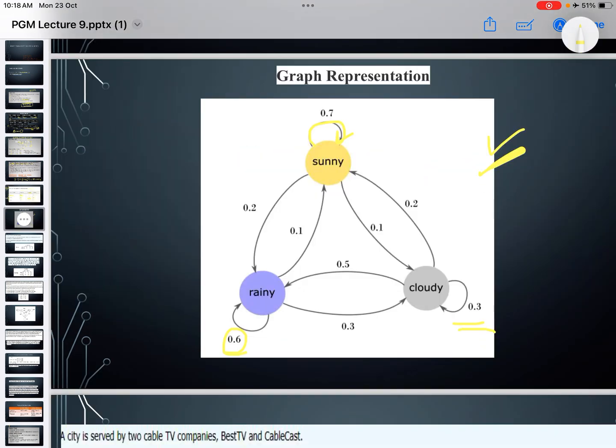Rainy to cloudy is 0.3, cloudy to rainy is 0.5, sunny to cloudy is 0.1. That means sunny today, cloudy tomorrow. Cloudy today, sunny tomorrow 0.2. Sunny today, rainy tomorrow 0.2. Rainy today, sunny tomorrow 0.1.